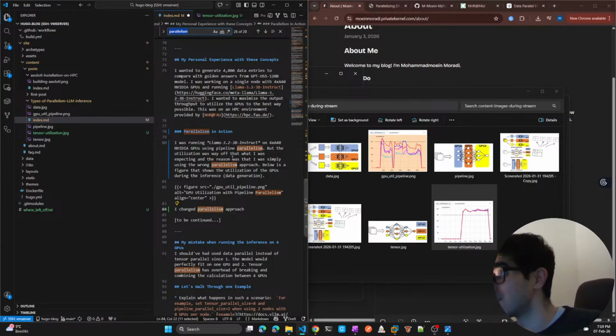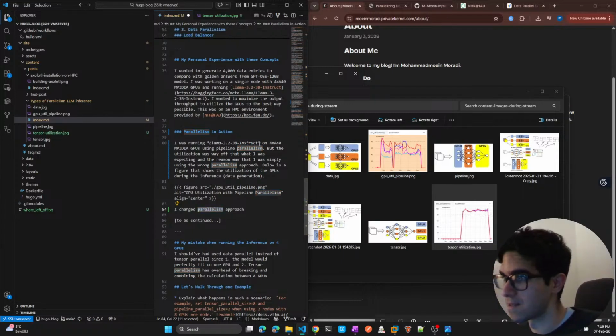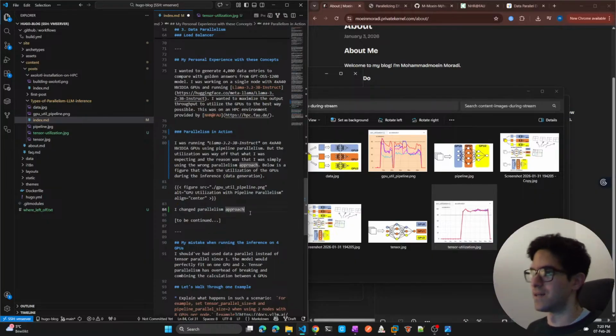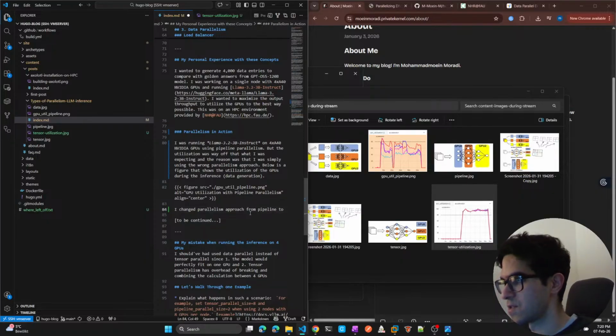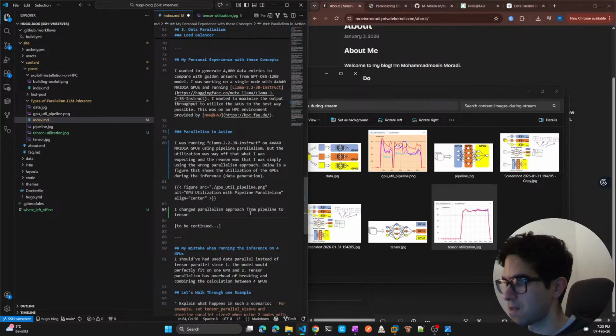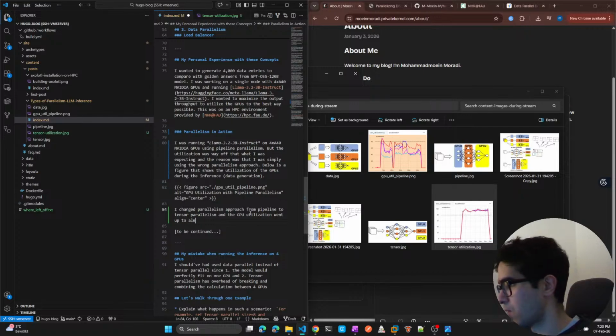I mean, I wrote so many times. I wrote the word parallelism 28 times. I changed the parallelism approach from pipeline to tensor parallelism, and the GPU utilization went up to almost 90% and stayed there.